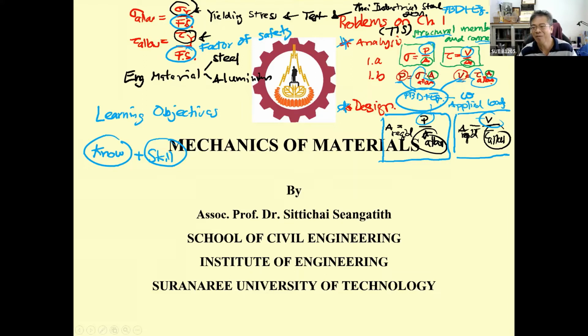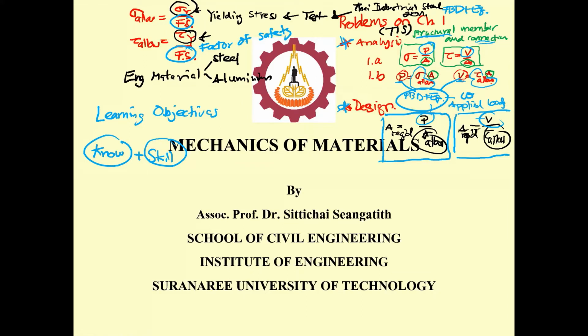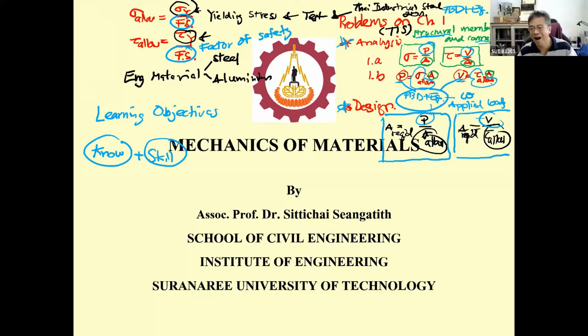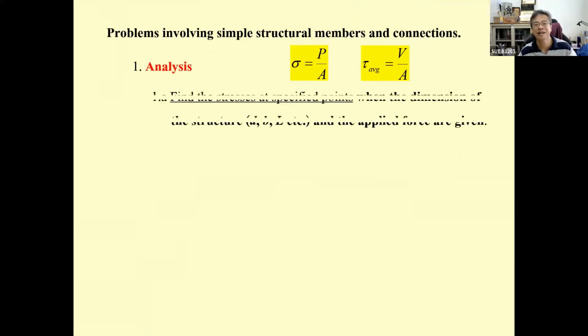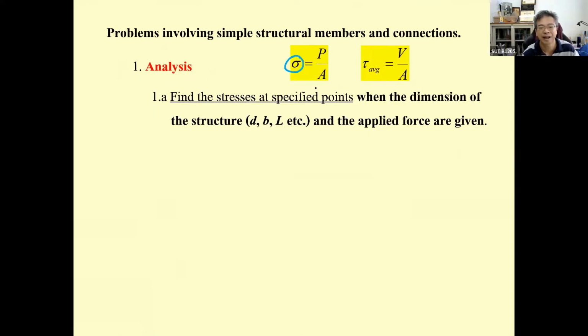If no one has any questions, let me go a little bit further. We come to the conclusion that the problem has three types. One is analysis to determine the stress. The stress at a specific point may be normal stress or shear stress.